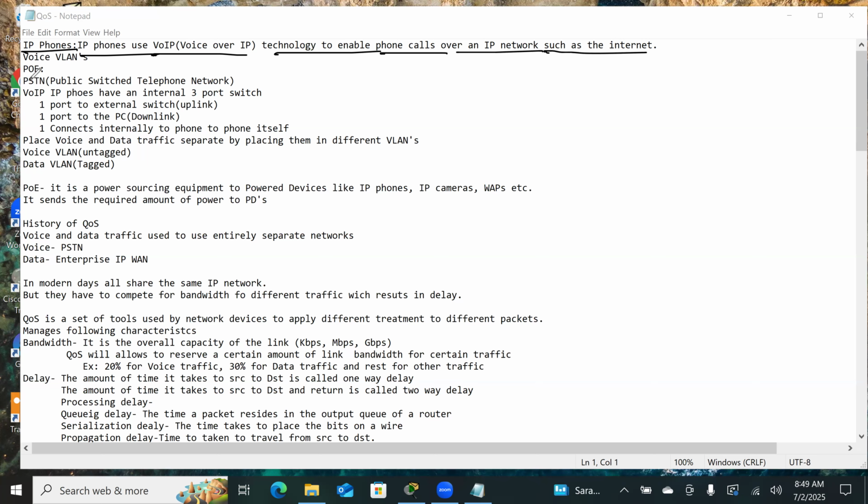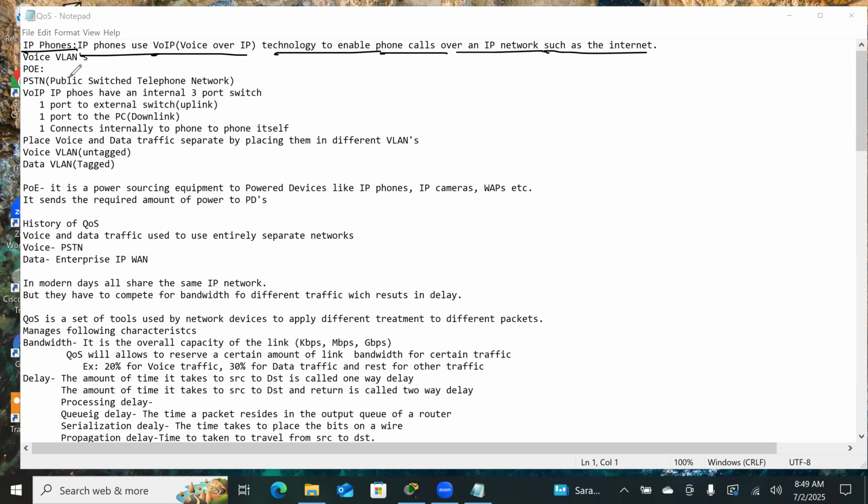Okay. And I hope we even discussed voice VLANs. Whenever we were discussing the types of VLANs, we discussed voice VLANs. So what is that voice VLAN? It's a type of VLAN which will carry the voice data generated by the IP phones.